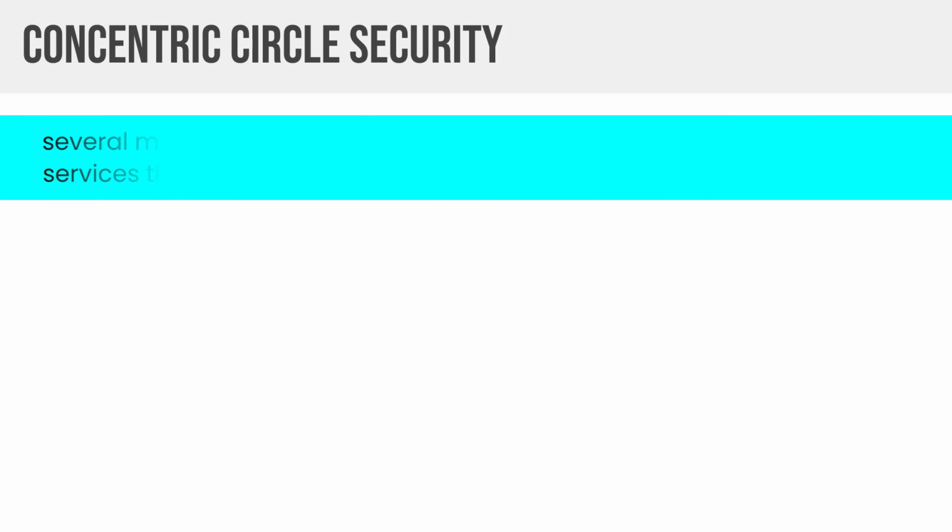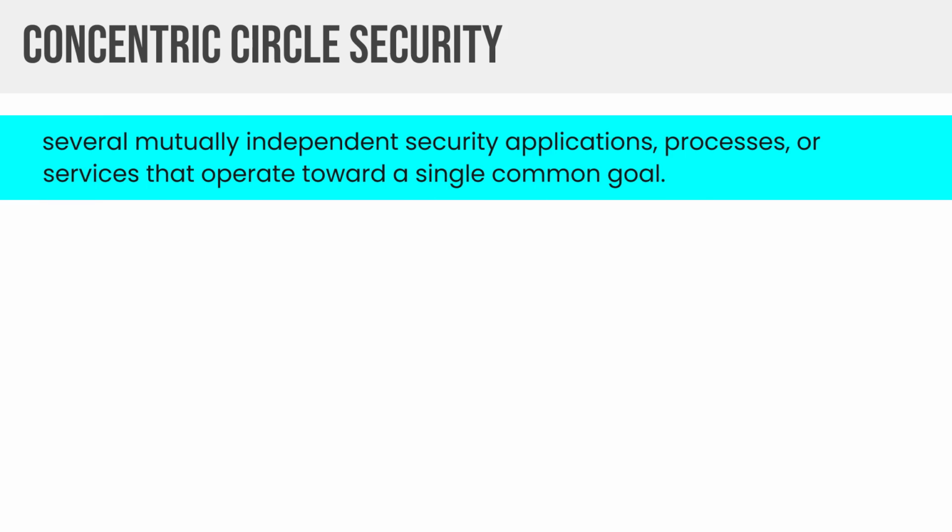Concentric circle security. So if you've spent any time in cybersecurity, you are familiar with concentric circle security, although you've probably never heard it referred to as concentric circle security. That is a very theoretical phrase that doesn't come up in the real world very often.